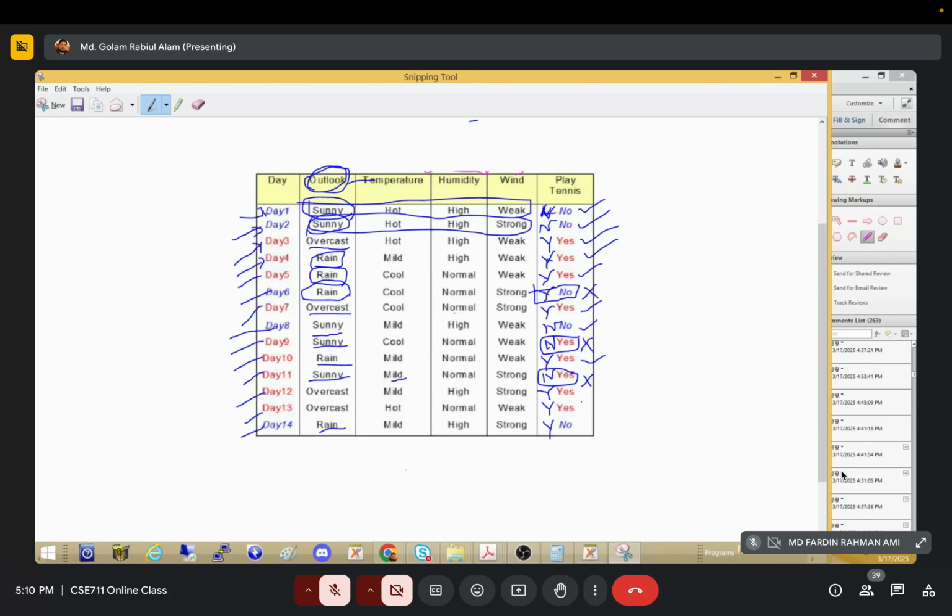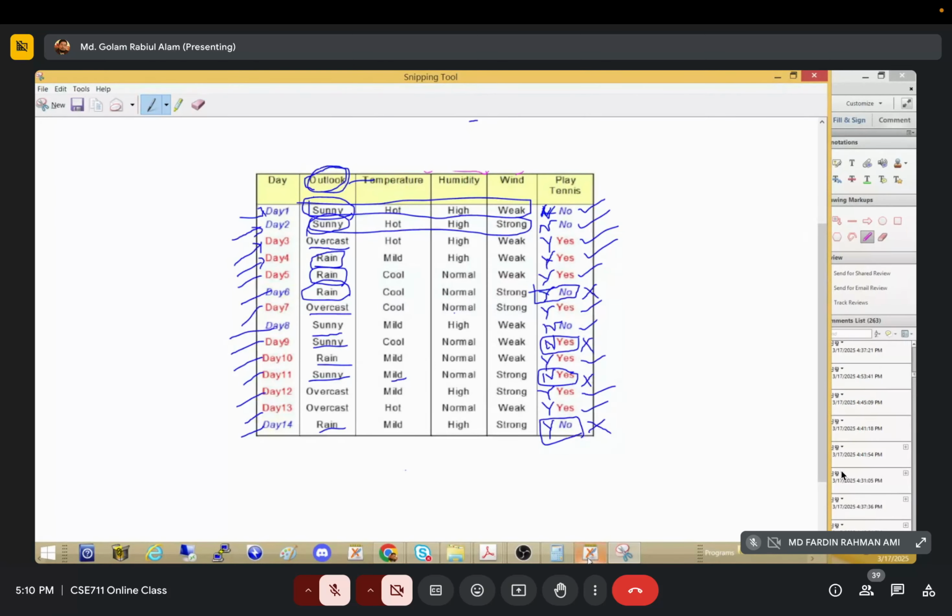Now day 12 is yes and yes, that is same. Day 13 is yes and yes, also same. And then day 14 is yes and no, that means different. So this is a misclassification. So that means we can see that we have 4 misclassified instances.